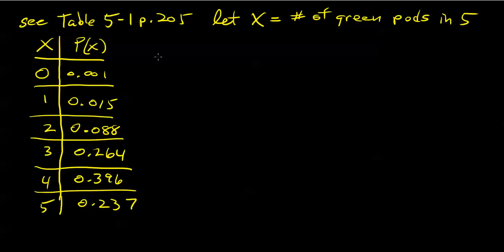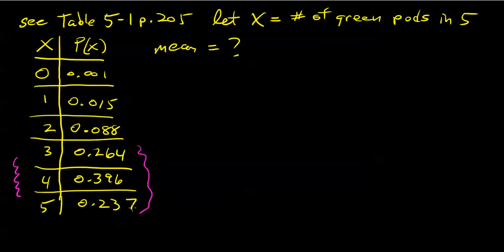Now, the first thing I'm going to do is guess. The mean for the probability distribution is, I'm going to guess, somewhere between 3, 4, and 5, because these X values of 3, 4, and 5 seem to be more likely than the values 0, 1, 2.